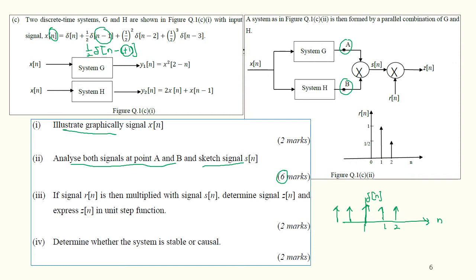And the third part, if the signal Rn is then multiplied with signal Sn, determine Zn. Again, another signal operation, right? And then lastly, determine whether the system is stable or causal.